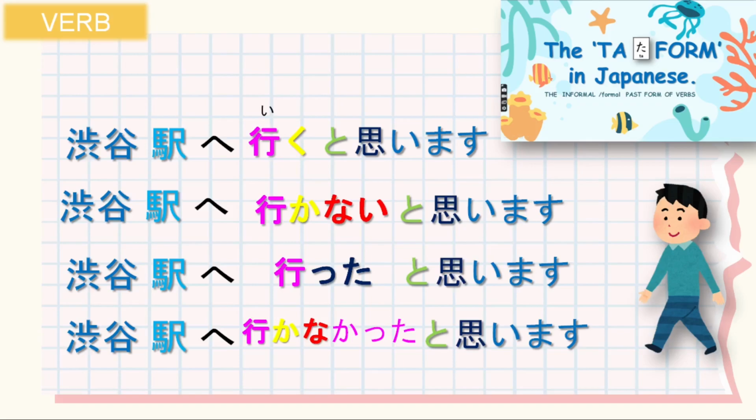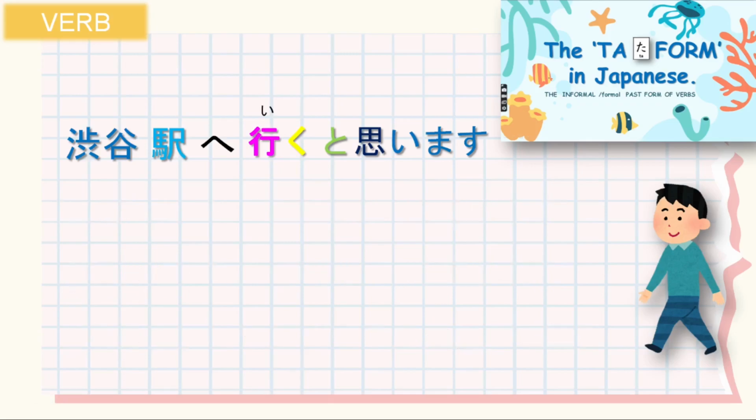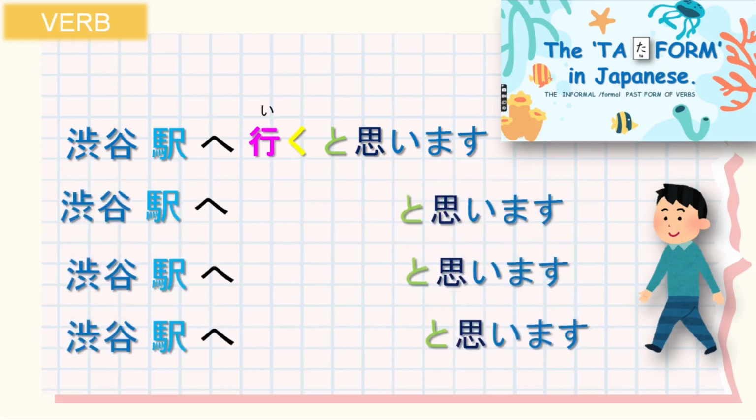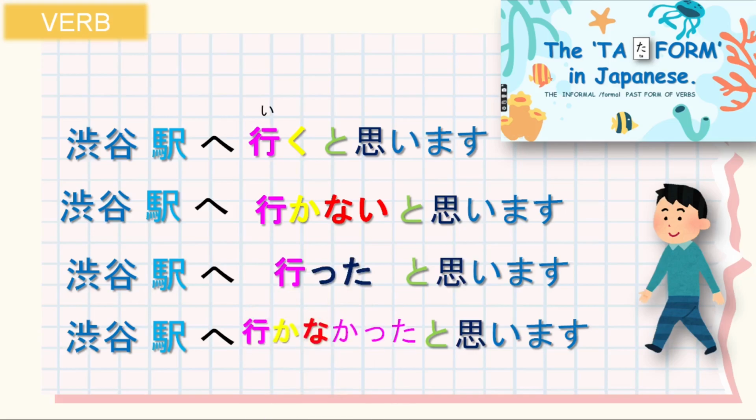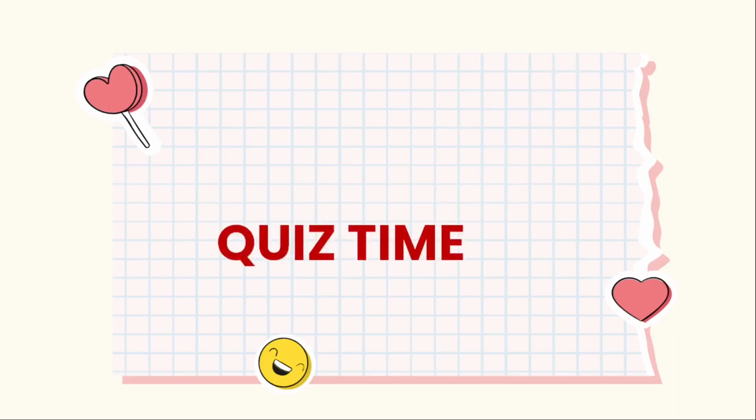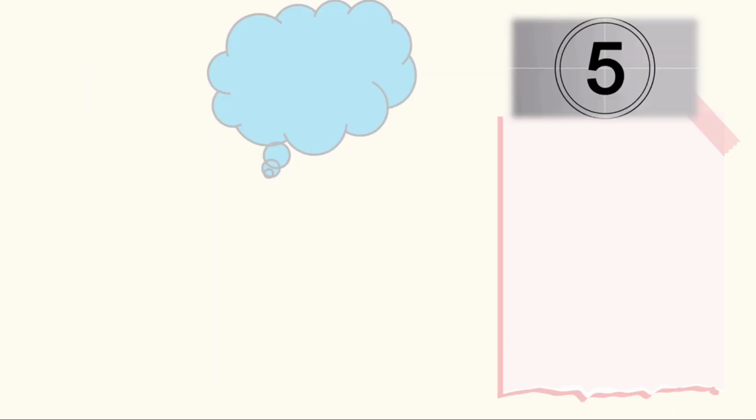You know how this became, right? You take this ikanai, you drop the i, and you add katta. Ikanakatta. So one more time: iku, ikanai, itta, ikanakatta.